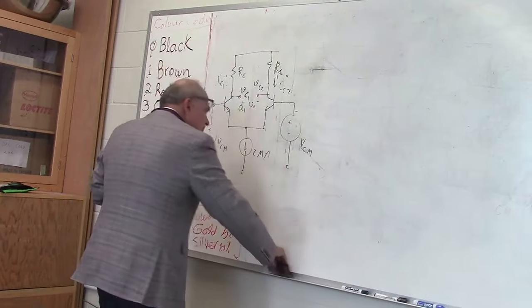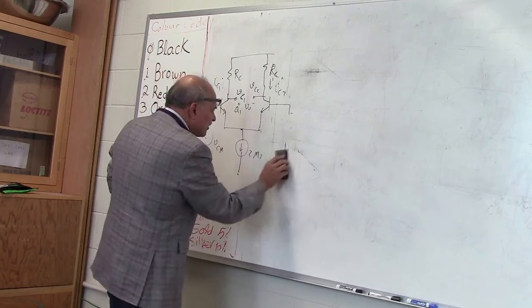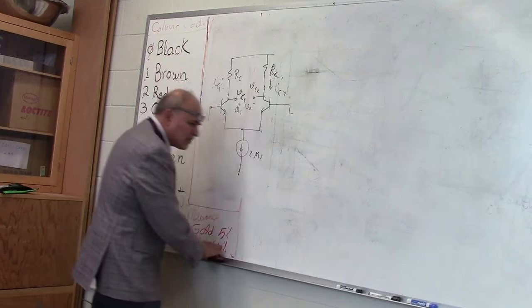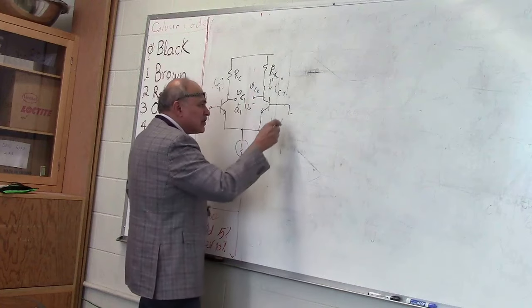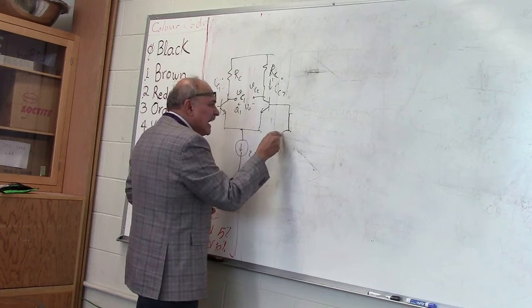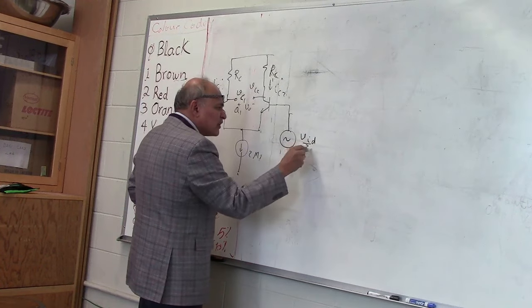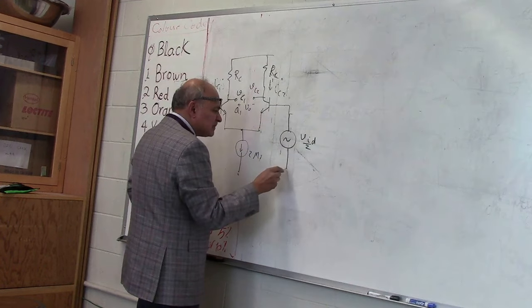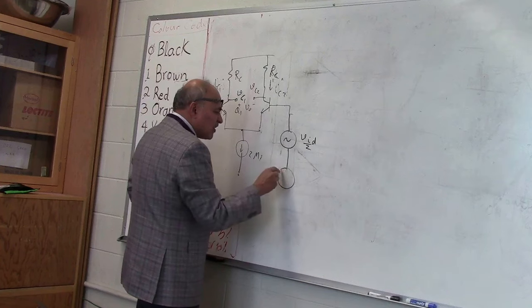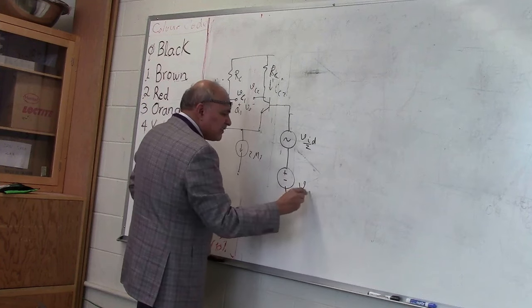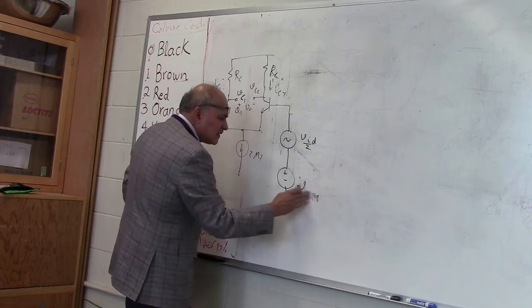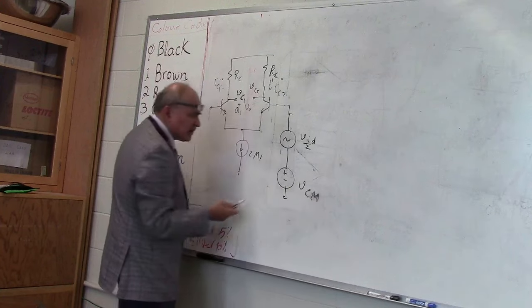But now, we can say that in the general case, the voltage applied here will be a common mode voltage and a difference mode voltage. Let's call VID over 2 the difference mode voltage. And then this is the common mode voltage, could be capital CM also.